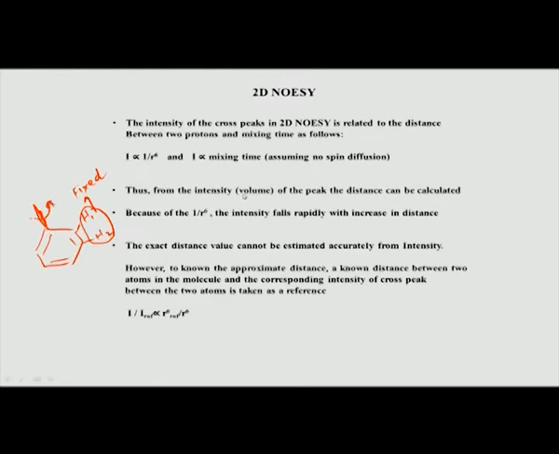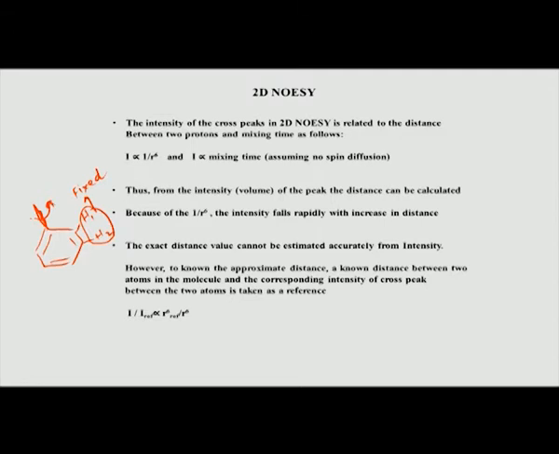In fact, we will see down the line, when we look at the application of NMR for structure determination, you really do not need exact distances between two atoms from NOESY. All you need is information whether they are close or far. The moment you see a cross peak in NOESY, remember they are less than 5 to 6 Angstroms, but within 6 Angstroms there can be a variation, it can be 3, it can be 2.5, it can be 4 and so on.